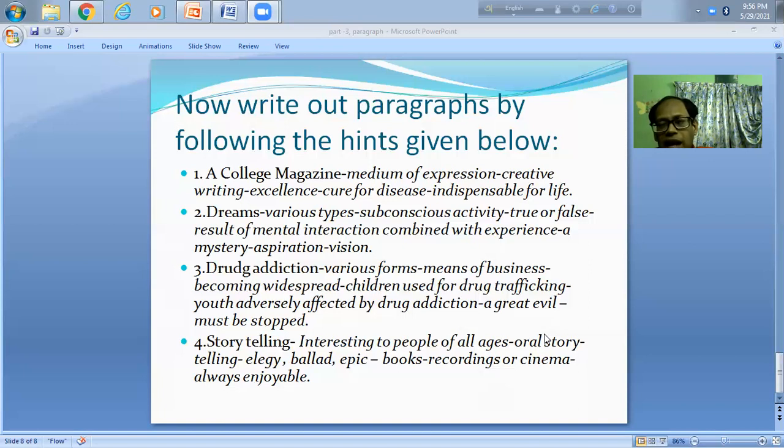Sometimes we see young boys indulged in drug trafficking. Actually, they are imposed upon by certain leaders who employ them, who entice them, who tempt them, sometimes who pressure them to engage in such heinous activity. So the scenario is alarming when children are indulged in drug trafficking.